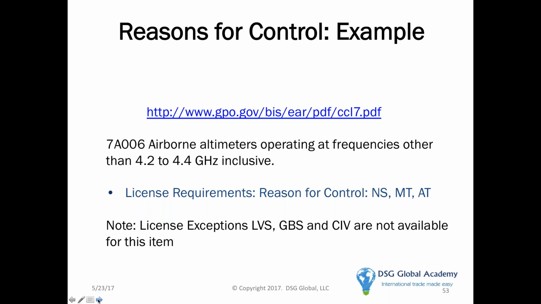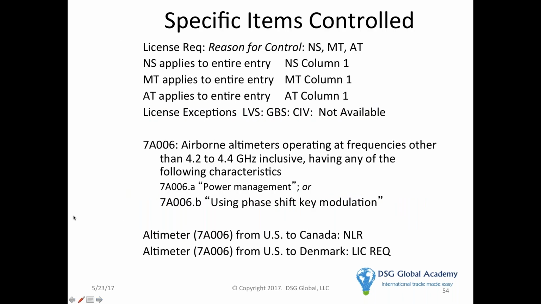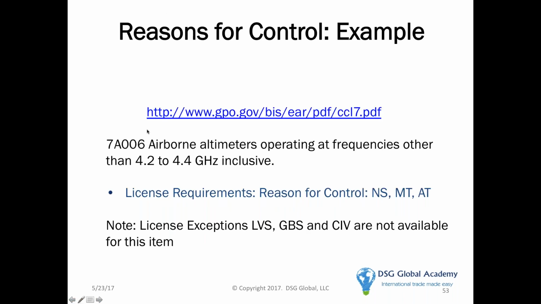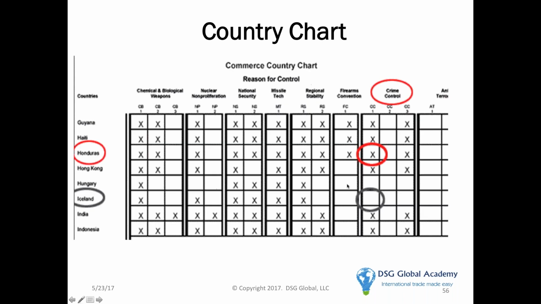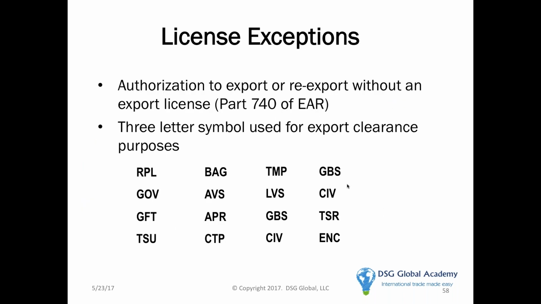I'll get to that slide in a second. If you see here, let's say this was ECCN 7A006. The license exceptions are LVS, which is low value shipment, GBS, Group B shipment, and CIV, civilian sales. These were not available, but these are the typical exceptions that may be applicable, though not all of these are applicable.